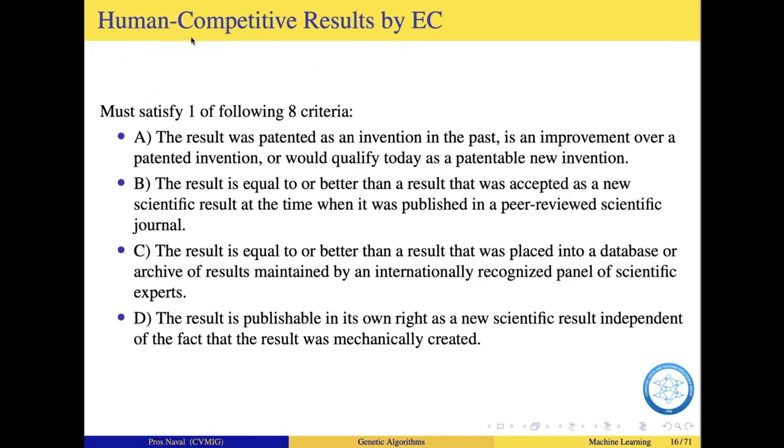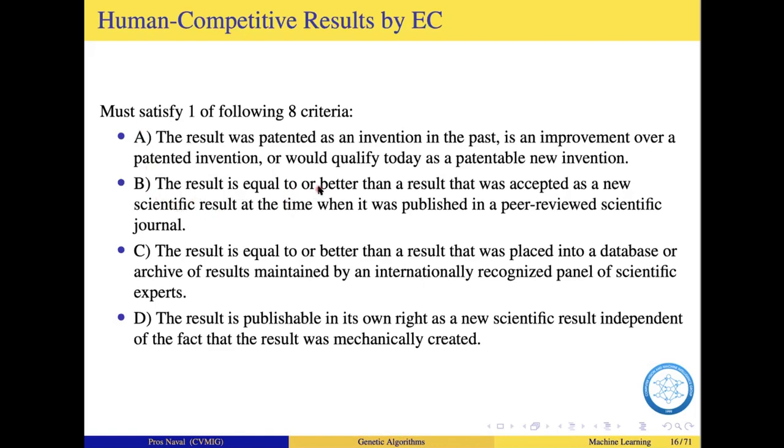For the results to be humanly competitive, it must satisfy one of the following 8 criteria. First is the result was patented as an invention in the past or is an improvement over a patented invention or would qualify today as a patentable new invention. That's the first criterion.